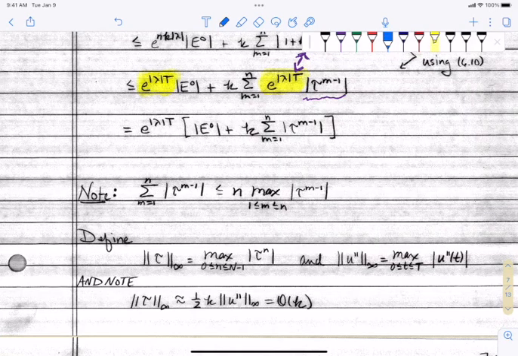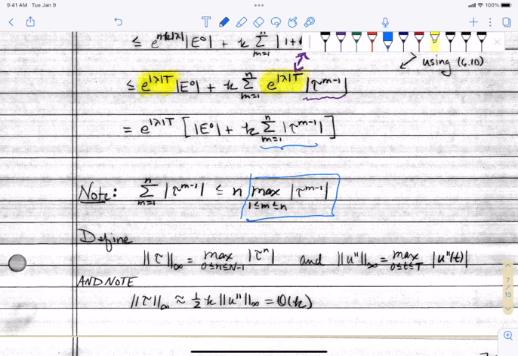I have this expression that is in terms of a local truncation error at each time step, and then I'm adding those things together. So now let's really think about what that is. If I were to take the max of the local truncation error over all of those time steps, then that summation is less than or equal to really just n times that maximum.